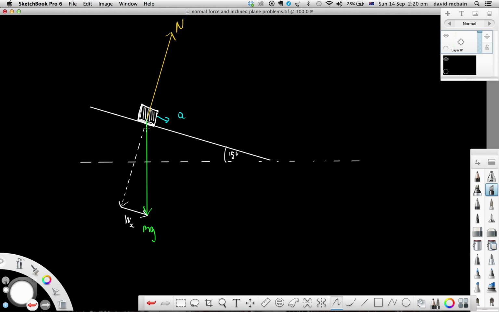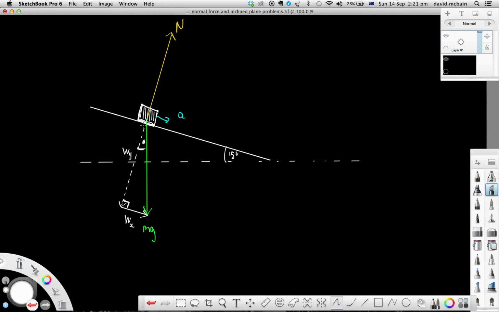I'm going to call this component here Wy, just so that it makes it easy for me to communicate to you which force I'm talking about. One little other thing we need to know, of course, is that whatever the angle is in here is going to be the same as the angle in there, so that's also 15 degrees, and our right angle is there. Okay?